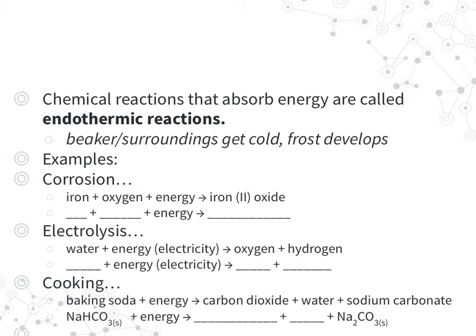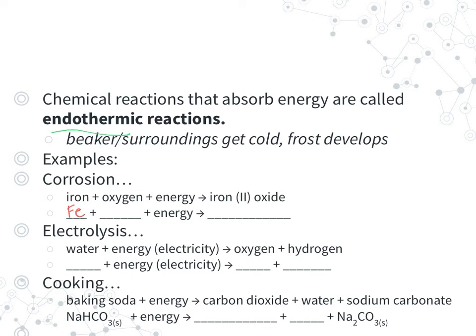Chemical reactions that absorb energy are called endothermic reactions. Hints to the fact that it could be endothermic is that our beaker or surroundings get cold or frost develops. Examples of an endothermic reaction are corrosion. Iron and oxygen plus energy make iron 2 oxide.